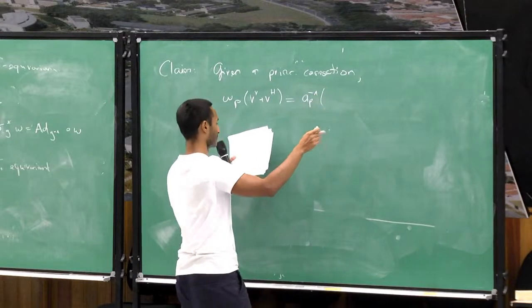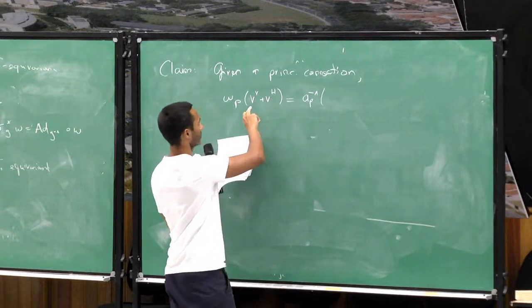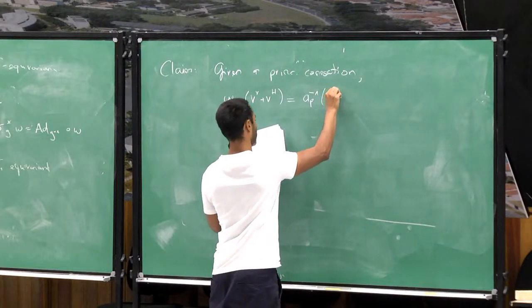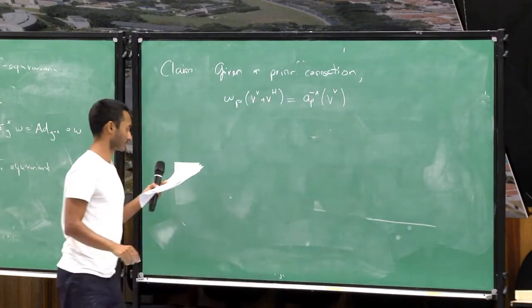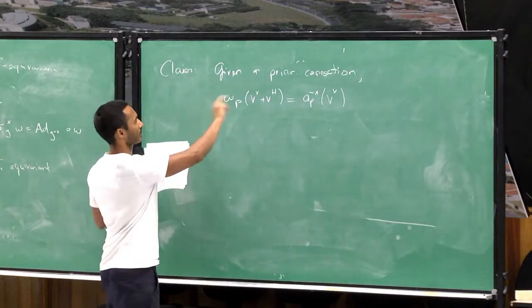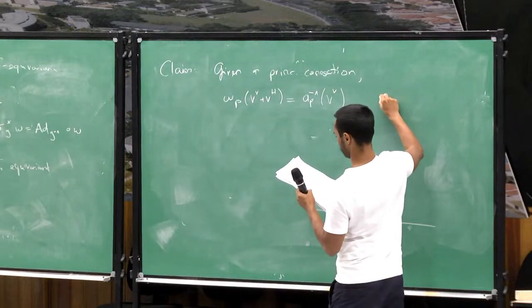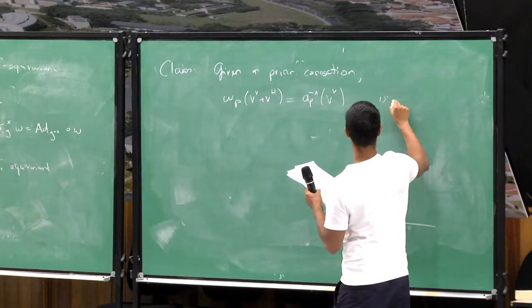This is not surjective, but we can apply it to a certain part, and that's the vertical part. The claim is that this is a connection one-form.